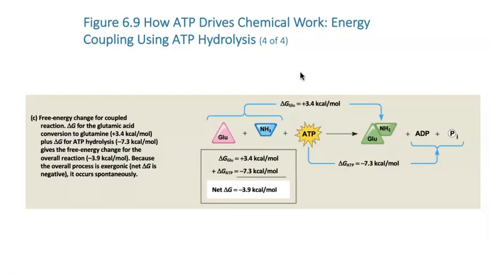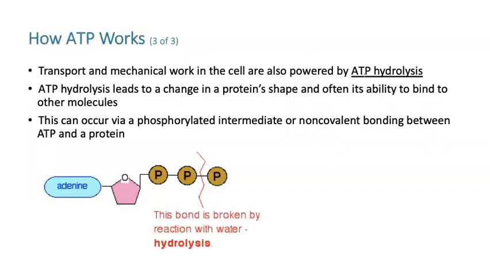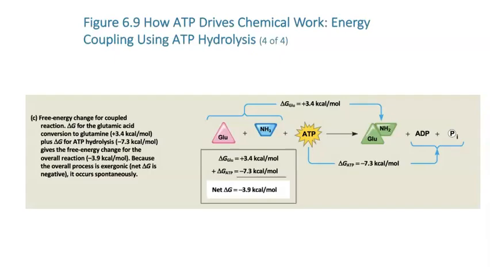So we have this net delta G of negative 3.9 kcals per mole. If you add those together, you get this negative number, and that means this can happen spontaneously. As long as there's ATP around, you can make glutamine from glutamic acid and ammonia spontaneously.